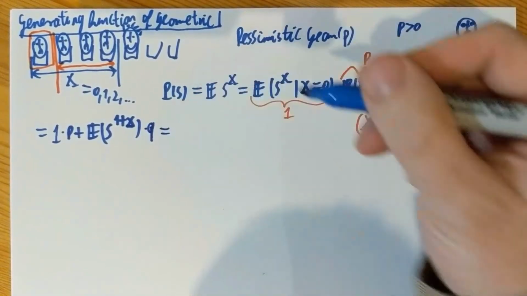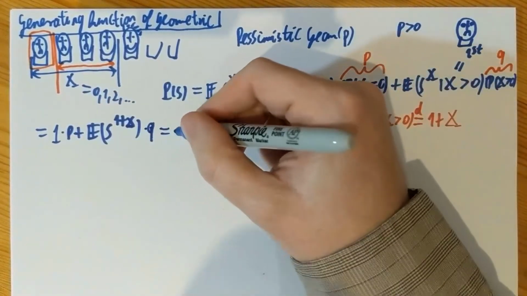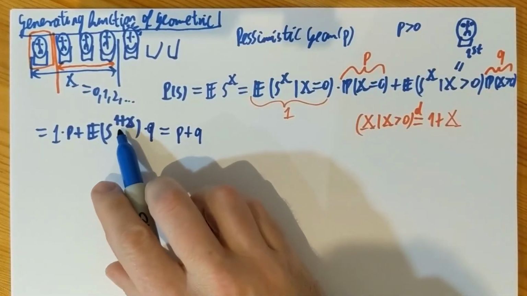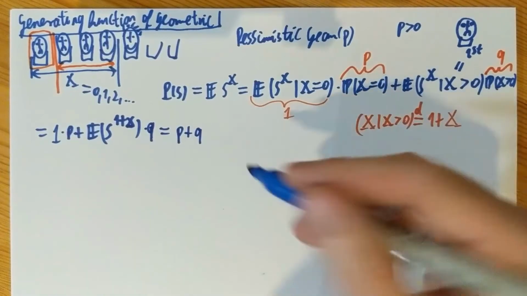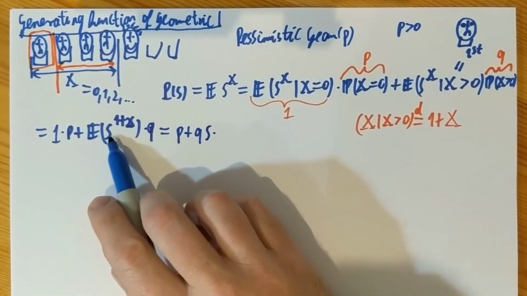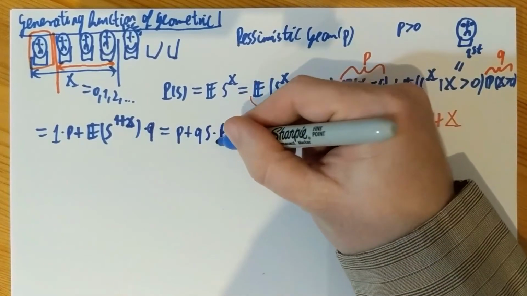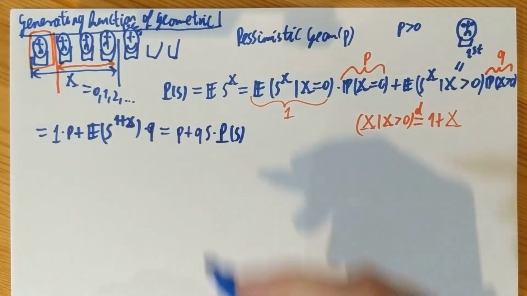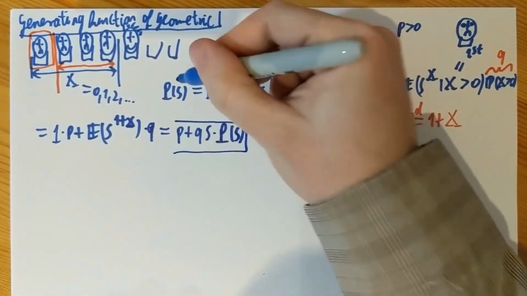And so what I find is actually quite nice. It's P plus Q times a factor of s, the first power, which is not random, coming out. I'm left with the expectation of s to the X, which is exactly my original generating function. So now I have a nice equation for my generating function. This is the right hand side, this is the left hand side.